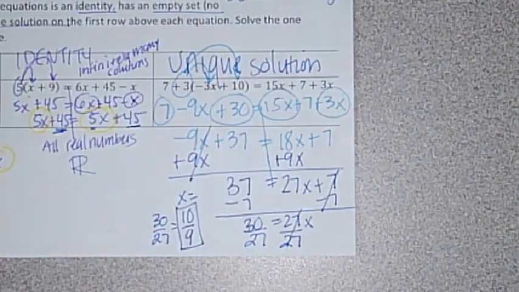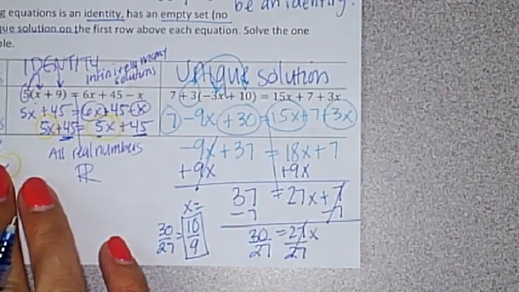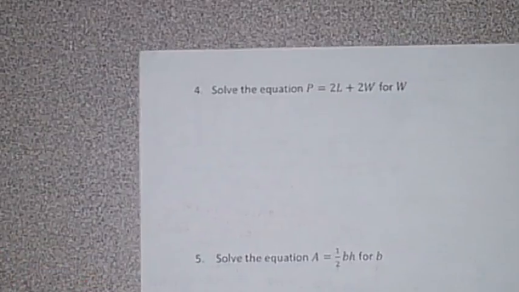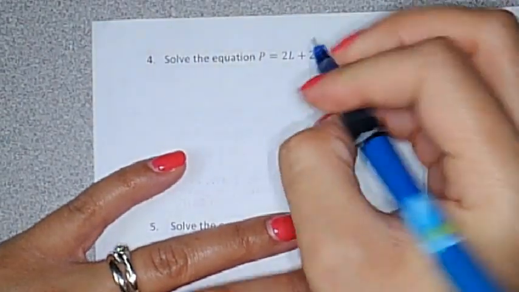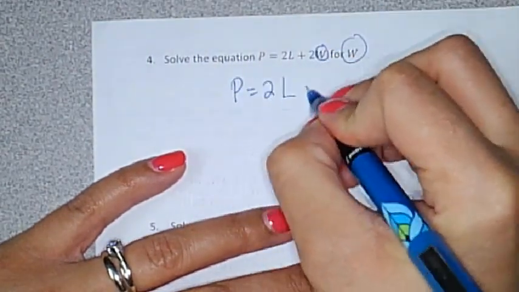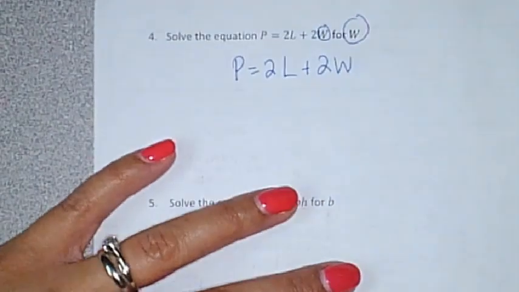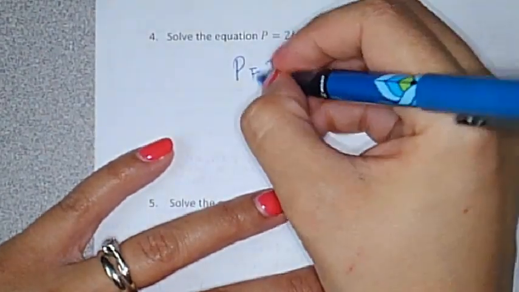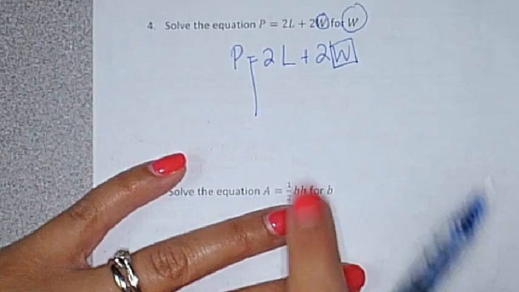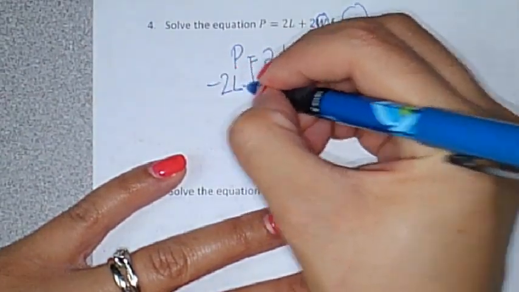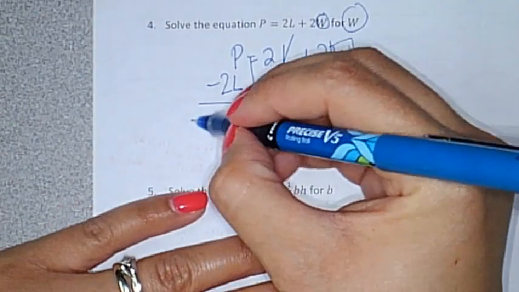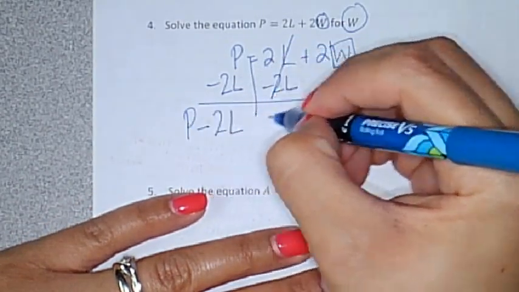Okay? Alright, so let's turn the paper over. Here I have to solve the equation for W. Here's W, so I'll write it over again. And this will give it an exit ticket. So I have to isolate the W. I'll get rid of this addition first, so minus 2L on both sides, and I'll get P minus 2L equals 2W.